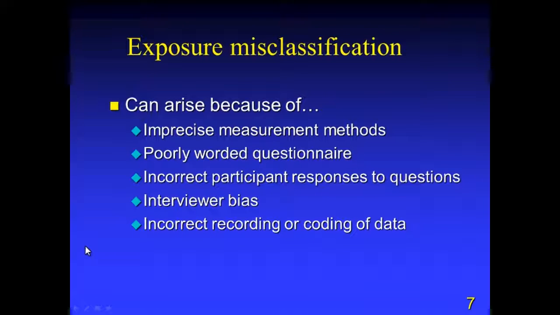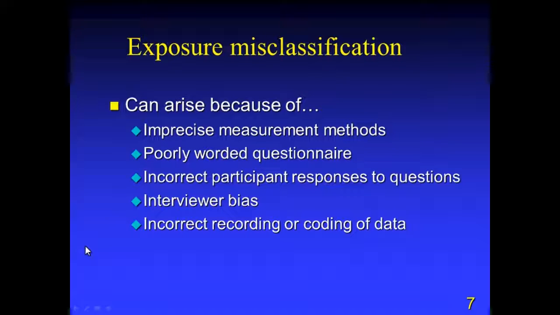So, not only can we misclassify disease, but we can also misclassify exposure, and this probably is a more common situation, because exposure is always misclassified to some degree, although we may have very good diagnostic methods which may ensure a fairly accurate classification of disease.